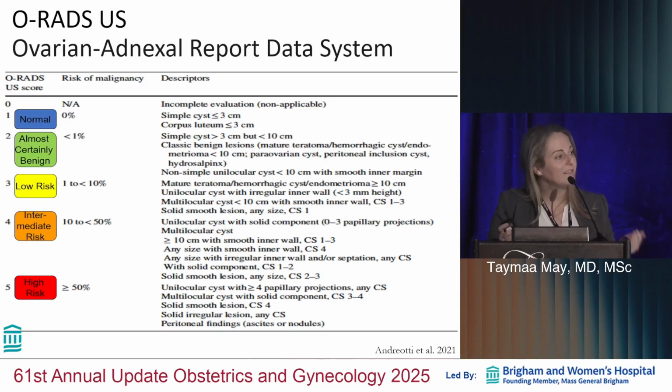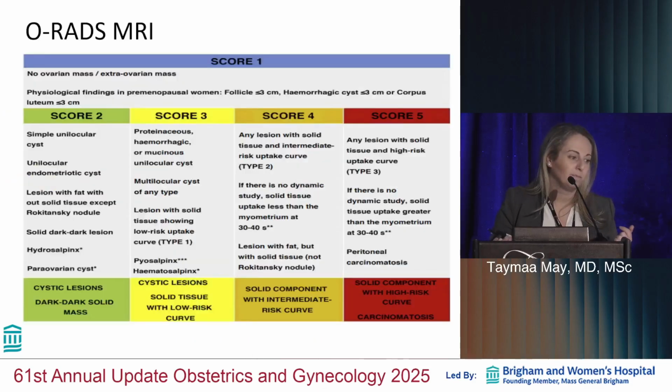So 10% is not high, 50% is quite serious. So which one do you follow? O-RADS 4 is probably the most concerning, and a lot of the referrals are appropriate for O-RADS 4, and that's where a lot of the counseling goes. O-RADS 5 is high risk, 50% risk of malignancy, and those should almost certainly be managed by oncology.